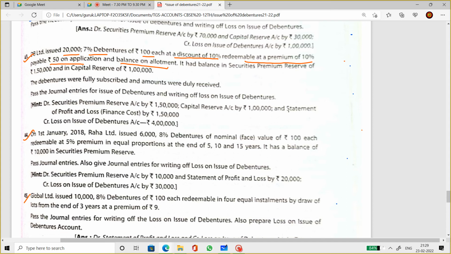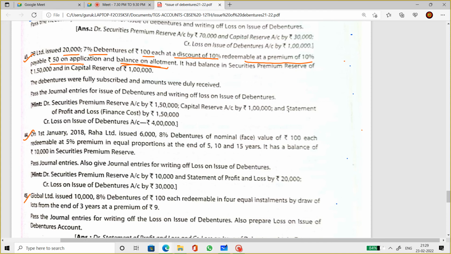So in previous all cases it was lump sum issue. So here in installments. Now naturally what happens here is the discount at the time of issue is given at the stage of allotment. So whenever the issue is silent, from which stage the premium or discount is charged or collected, we assume it is always at the stage of allotment.